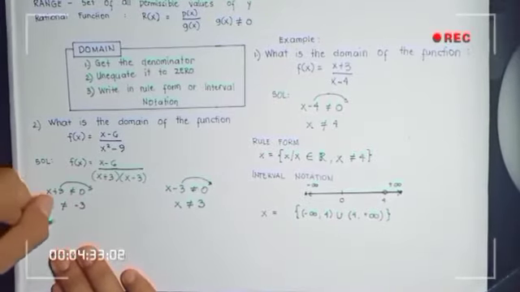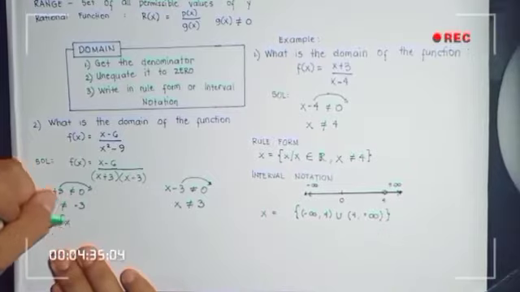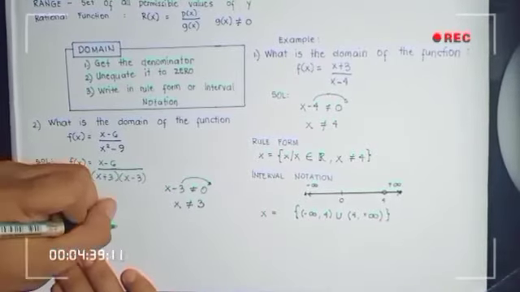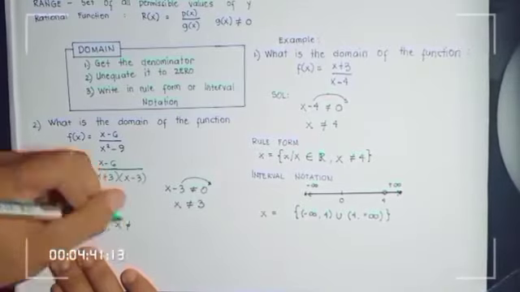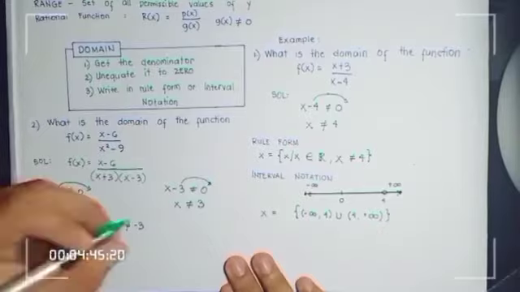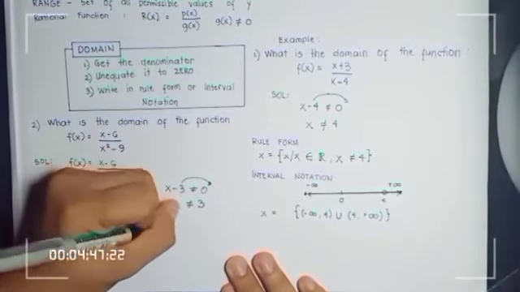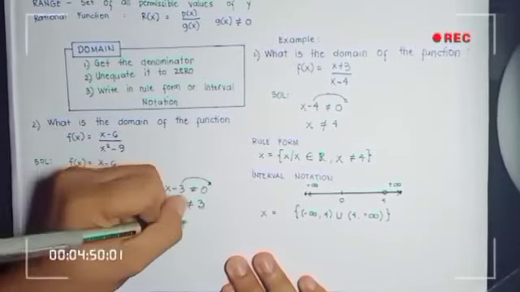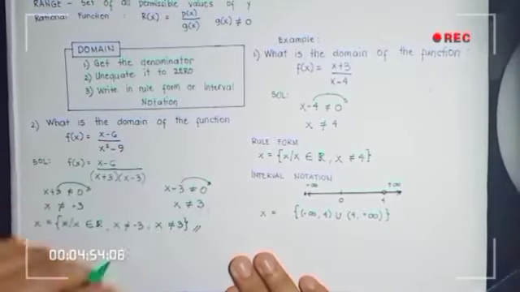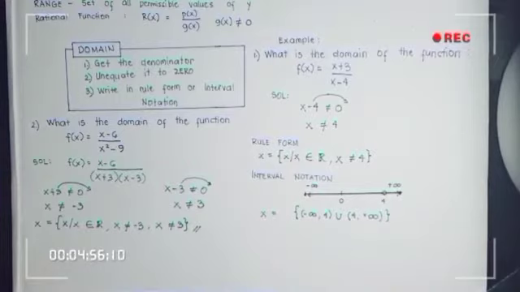For the rule form, we have x equals the set of x such that x is an element of real numbers except negative 3 and except positive 3. Or you can also write it as except plus or minus 3.